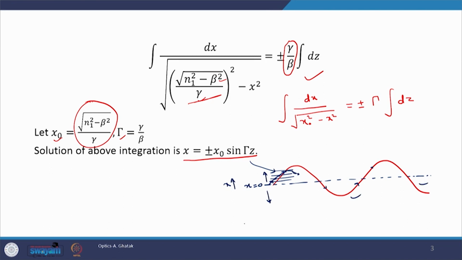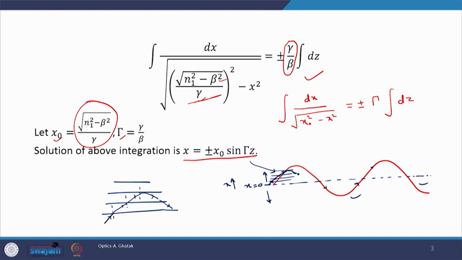Because we have this layered index, the ray initially starts in this direction, this is the perpendicular, it will tilt here, again tilt here, and a situation will come where TIR will happen, and then the ray will bend back. This is how this graded index profile or parabolic index profile gives us a sinusoidal ray path.